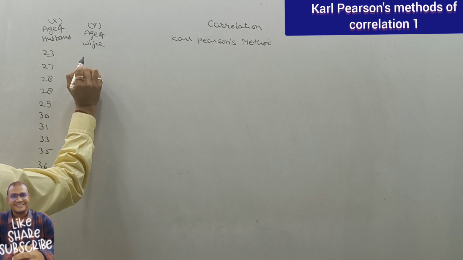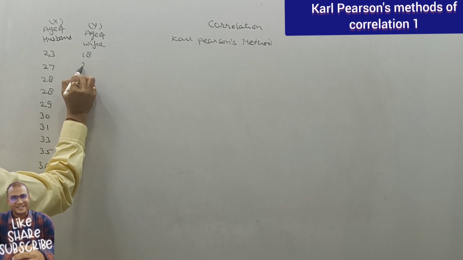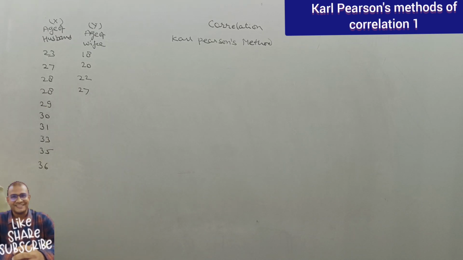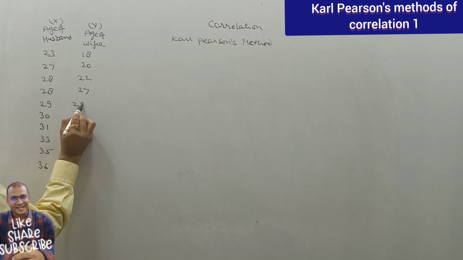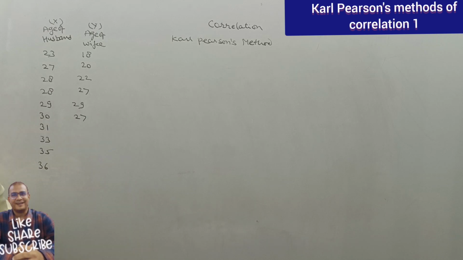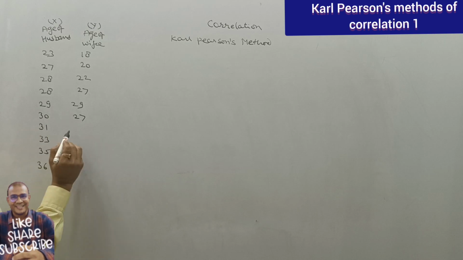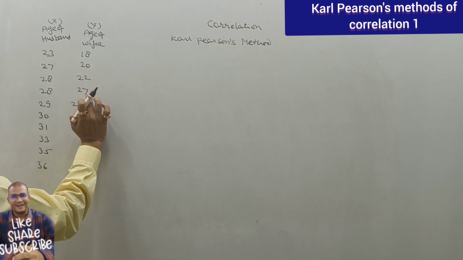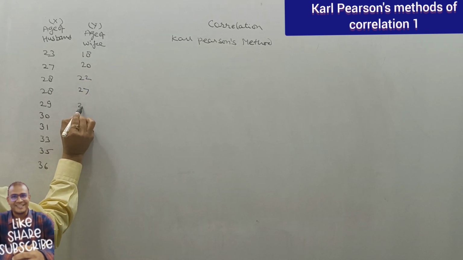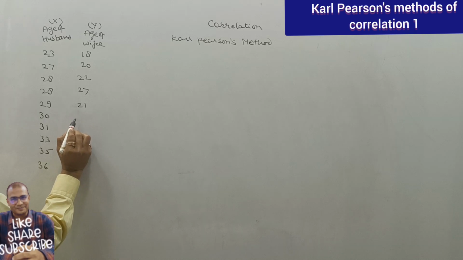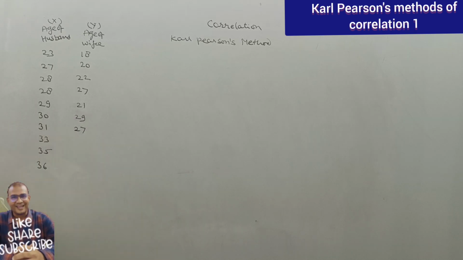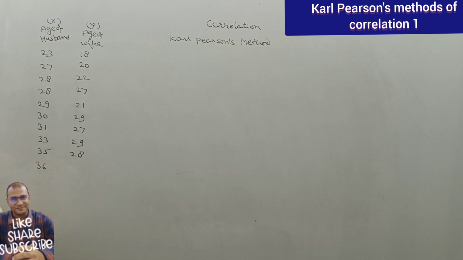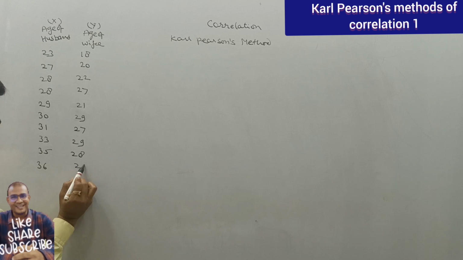This is the Y series: 18, 20, 22, 27, 21, 29, 27, 29, 28, and 29.